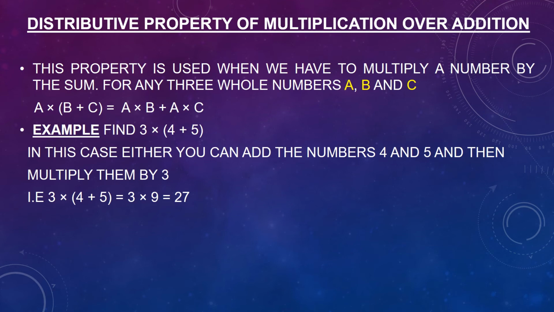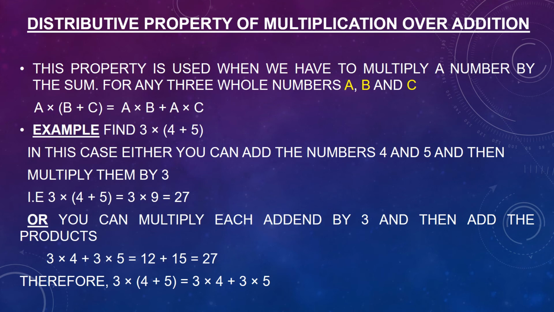Let's take one example. Find 3 × (4 + 5). In this case, either you can add the numbers 4 and 5 and then multiply them by 3. That is, 3 × (4 + 5) is equal to 3 × 9, which is equal to 27.